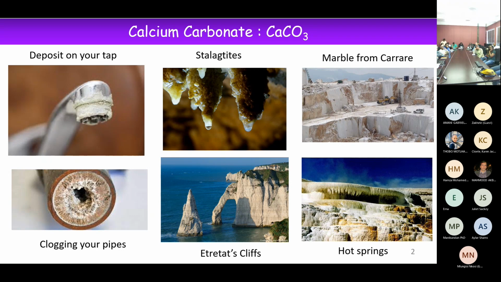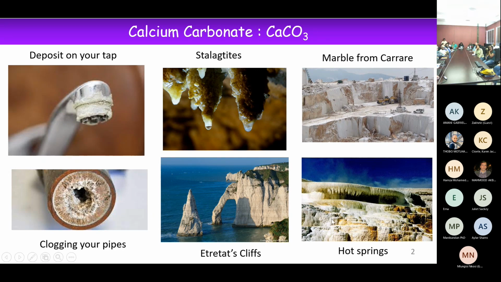And another place where you can find calcium carbonate is in cliffs. If you are aware of the geography of the northern part of France, you have the Etretat cliffs, which are made of calcium carbonate also, and you can see that they are made of very nice layers, and I will explain why it is the case later on.